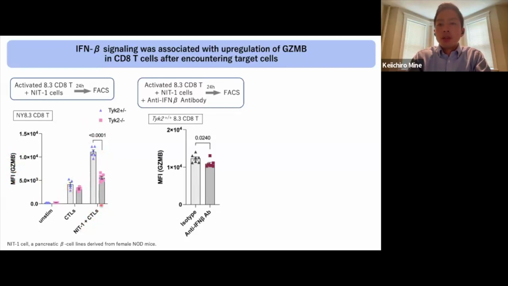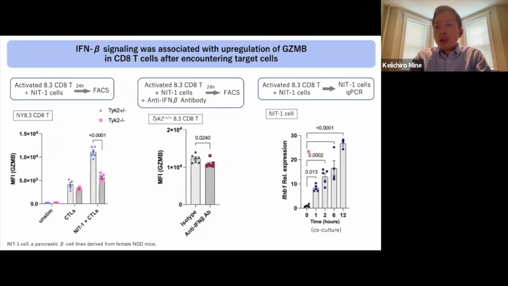However, the TYK2-sufficient CD8 T cells cultured with NIT1 cells, a pancreatic beta cell line, had upregulated expression levels of granzyme B. This was attenuated by TYK2 deficiency and by the blockade of interferon beta signaling in CD8 T cells.